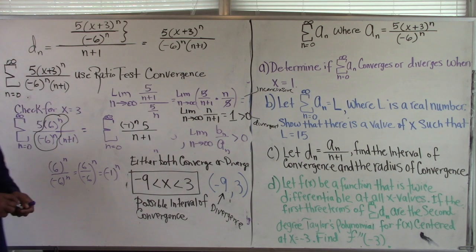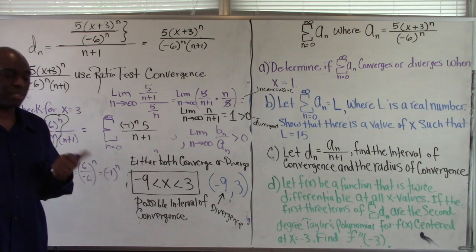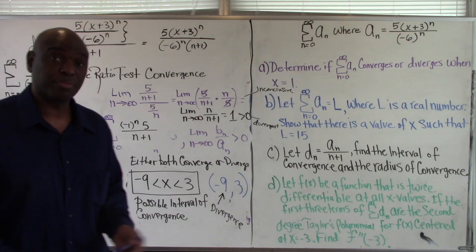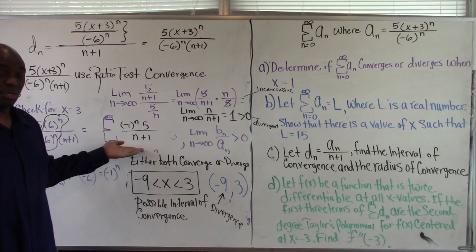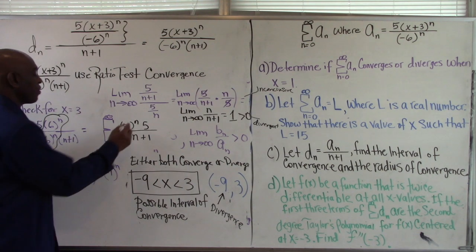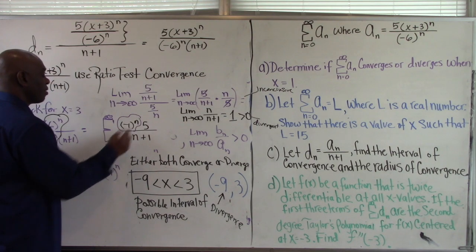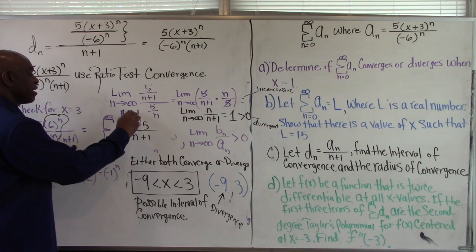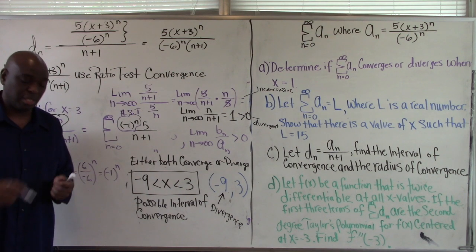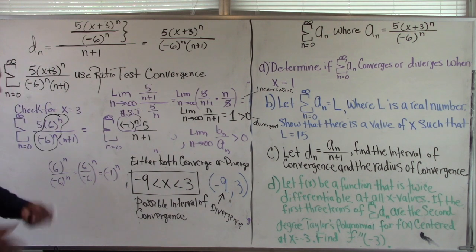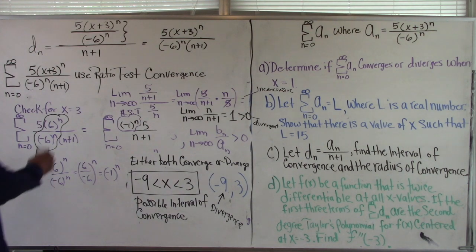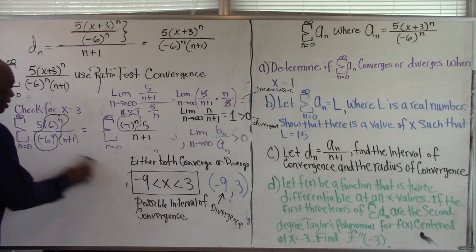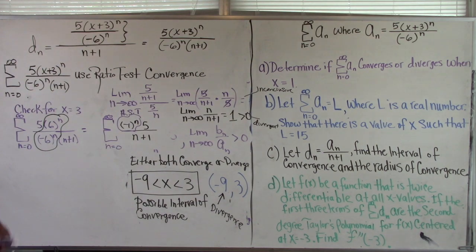Now I asked you, looking at this series, what test can you use? Well, it's obvious what this is going to tell us right here. This tells us we should consider the alternating series test based on that -1 to the n. So we're going to attempt to use the alternating series test. 3 conditions.